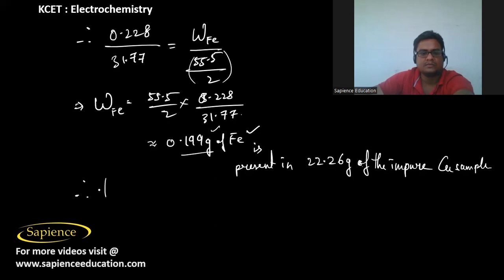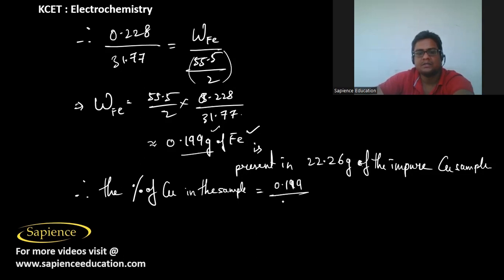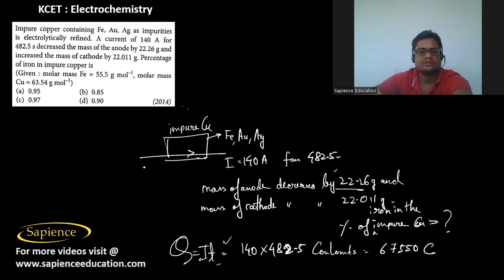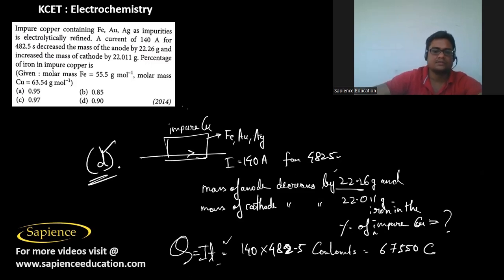So therefore the percentage of iron in the sample will be equal to 0.199 divided by 22.26 into 100%. So that will be approximately equal to 0.9%. So it means that option D is the correct answer.